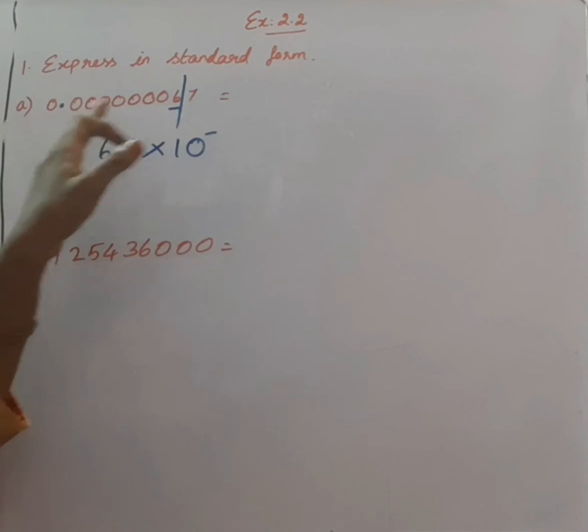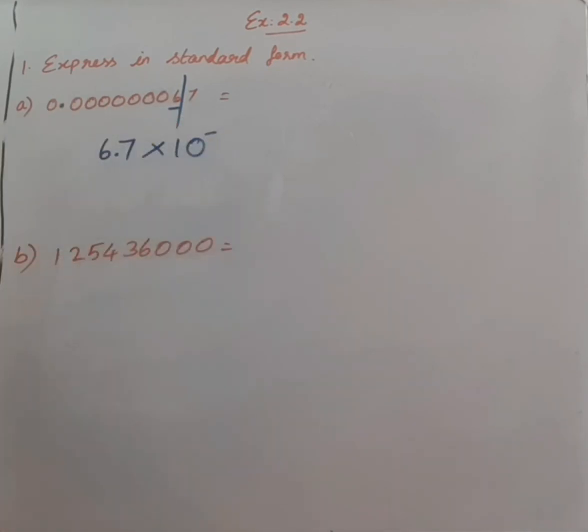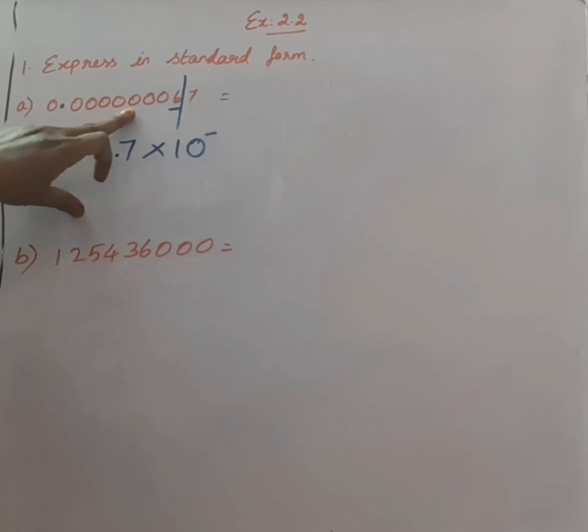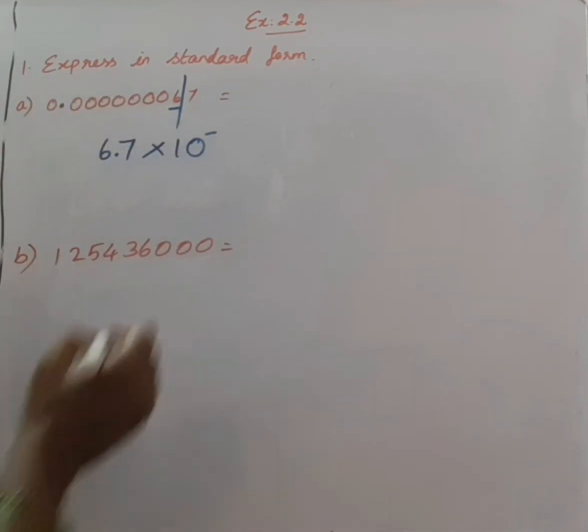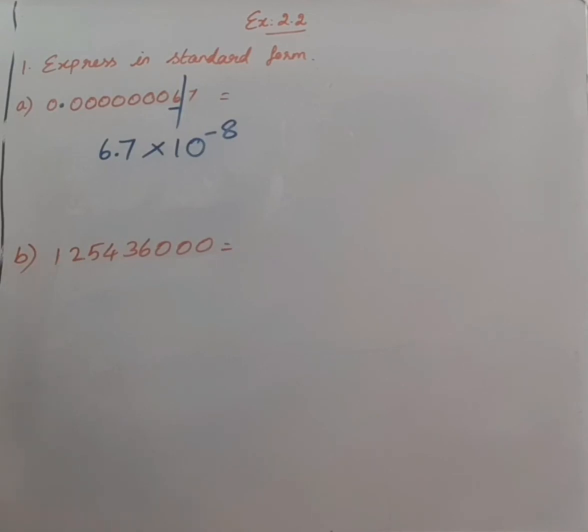Very good, it is a decimal place. So the power must be negative. So how many numbers do we take? 1 after the decimal, 1, 2, 3, 4, 5, 6, 7 and 8. So the number is 10 power minus 8.